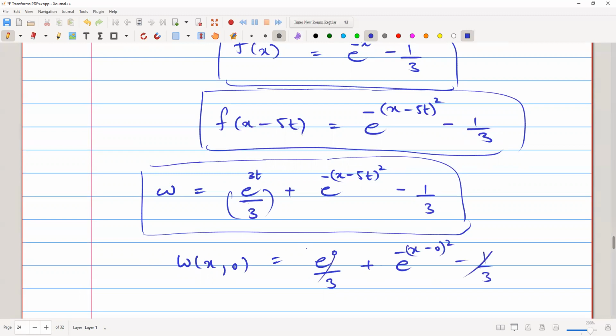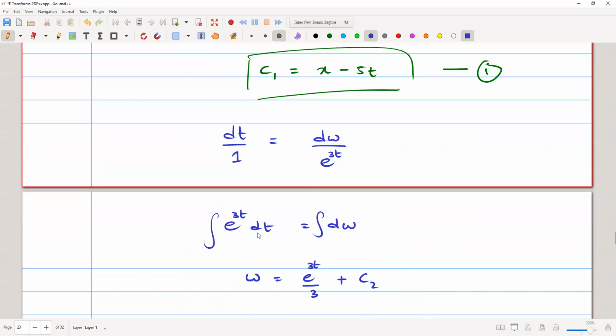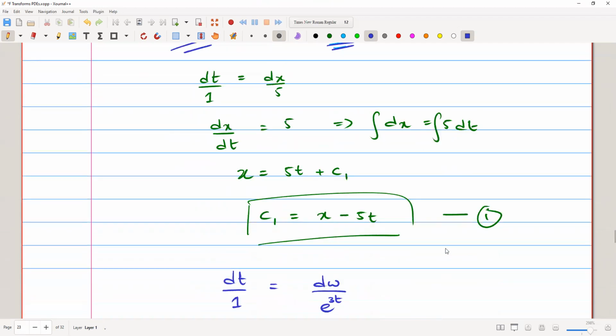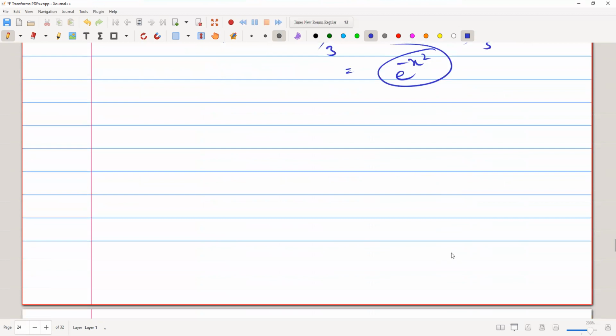This cancels with this and we are left with e to the power negative x squared. So the condition is satisfied, and we can also check the equation by differentiating partially with respect to t and then with respect to x, and then adding up the linear combination: 1 times dou w over dou t plus 5 times dou w over dou x, and we will get e to the power 3t. All right, so let's take one more problem.